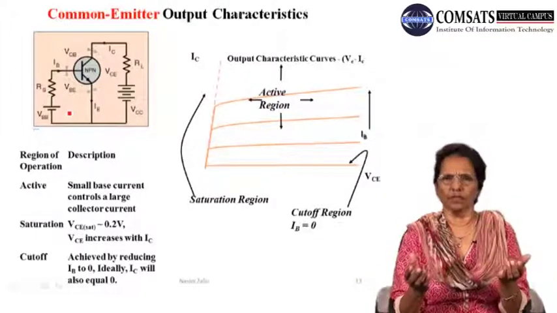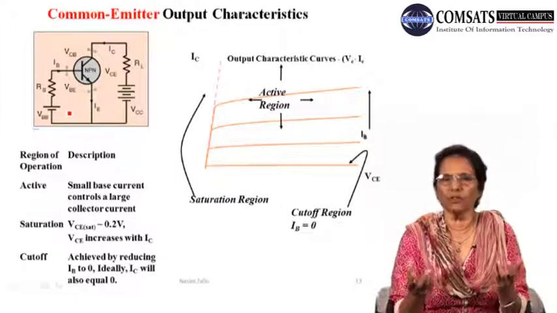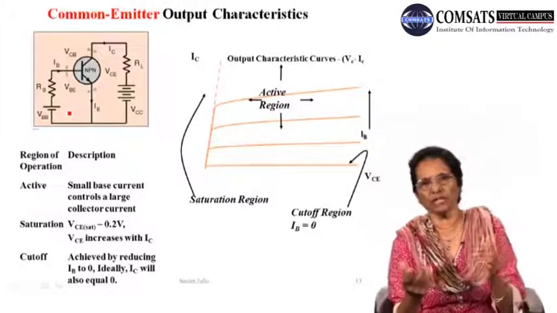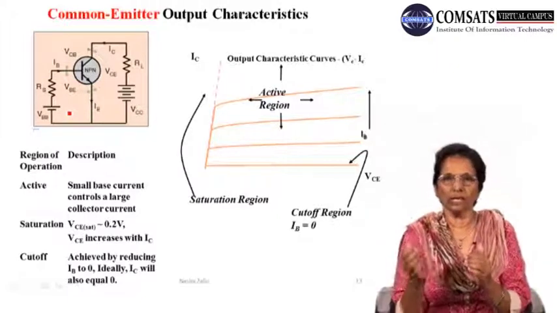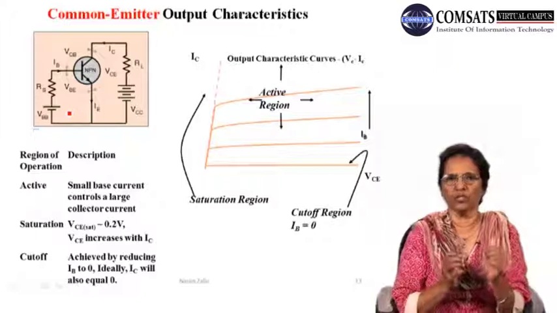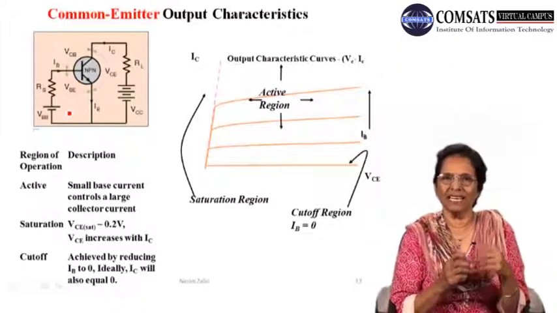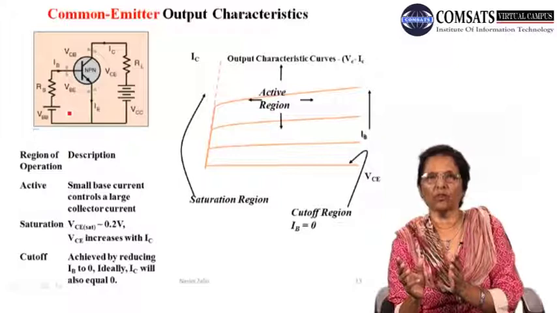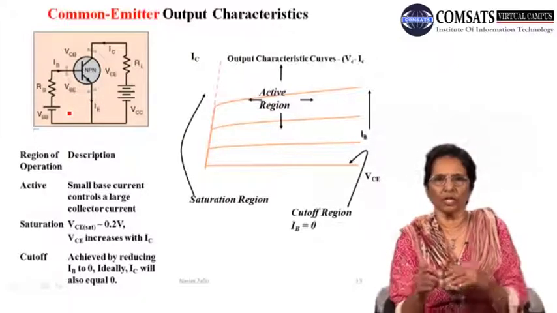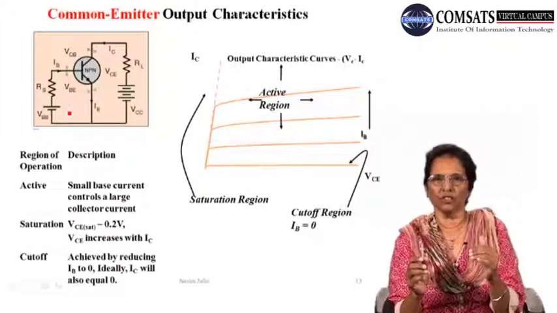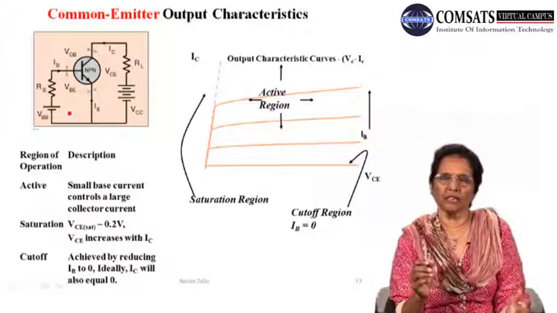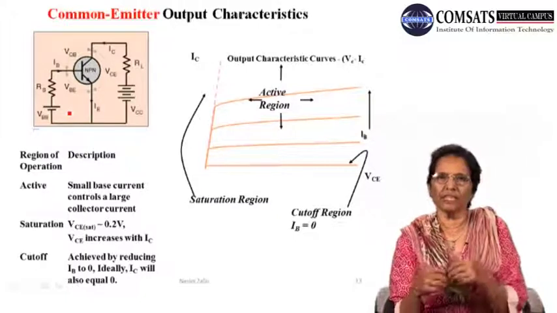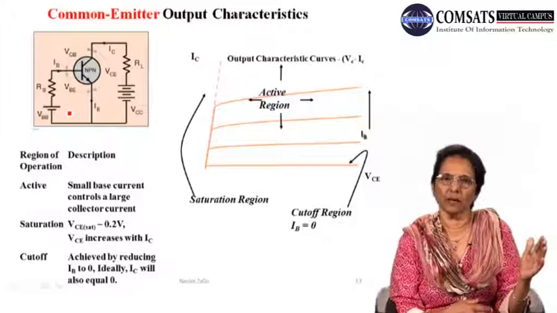So whether we choose a PNP transistor or an NPN transistor, all we have to keep in mind is the appropriate polarities of the biasing that we connect to the emitter, base or collector, because the single principle on which the transistor operation is based is that the emitter base junction should be forward biased and the base collector junction, for normal operation of a transistor, should be reverse biased, so that the current flows only in the emitter base junction and then can be collected at the collector junction, and the base collector junction does not generate its own current to interfere with the current coming from the emitter.